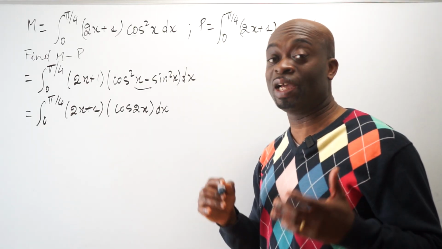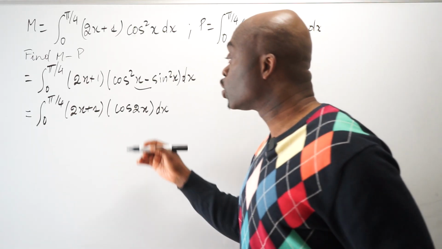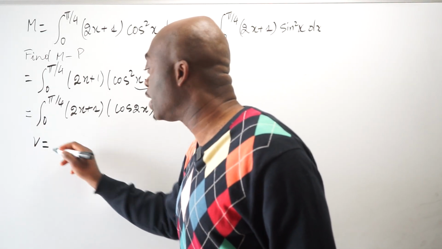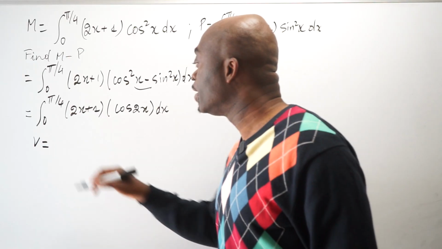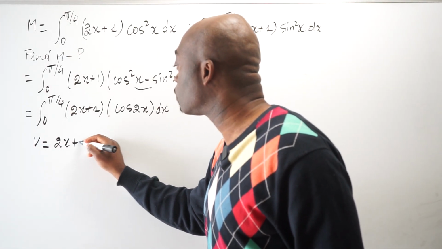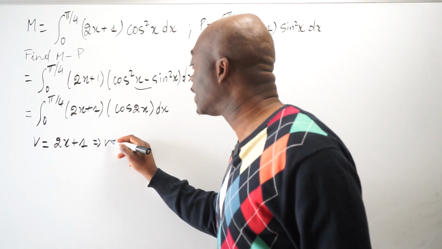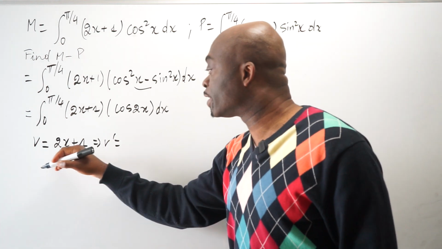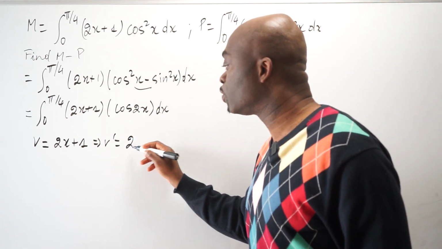Which format are we going to use? The one that I'm seeing here is integration by parts. So for integration by parts, we have to decide who is going to be v and who is going to be u prime. For v, we're going to choose 2x plus 1 because we want the one that is easily differentiated. The derivative of this is just 2.